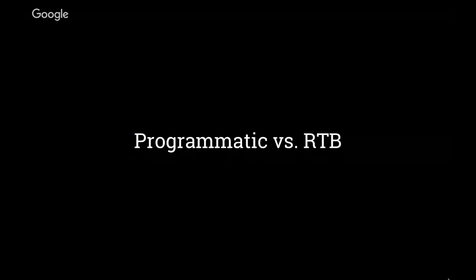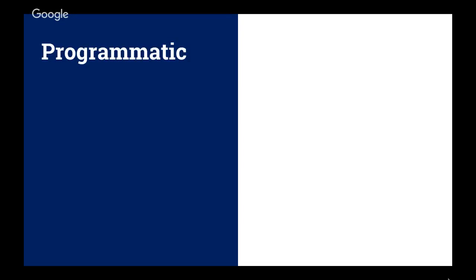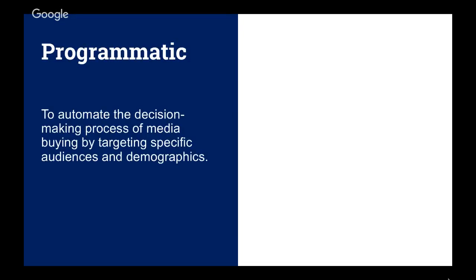So with all that being said, what is the difference between programmatic and RTB? Well, programmatic as a whole means to automate the decision-making process of media buying by targeting specific audiences and demographics. So essentially, it is the automation of the buying and selling process.